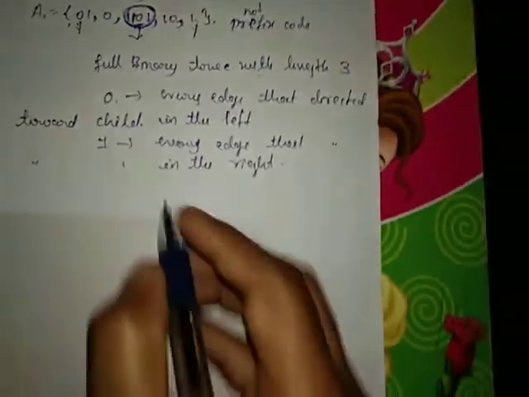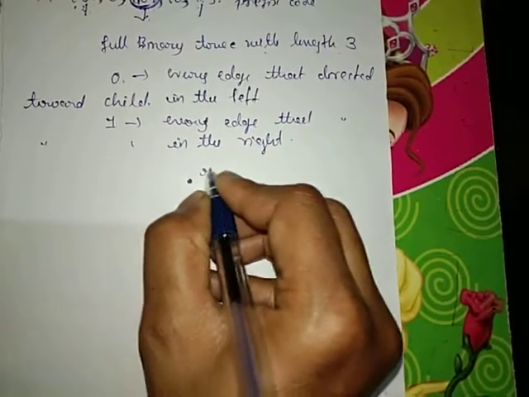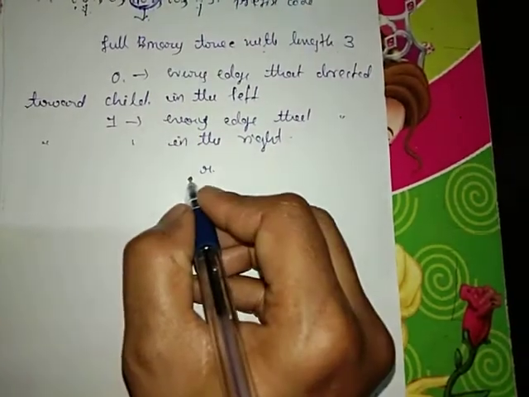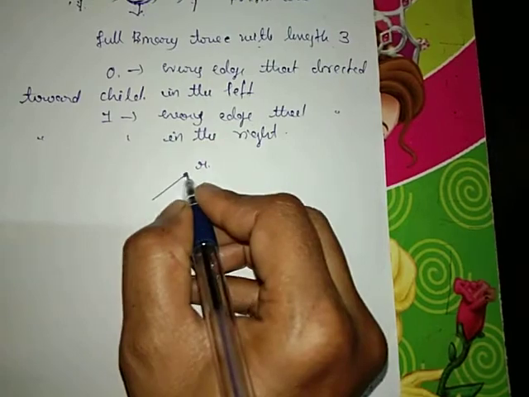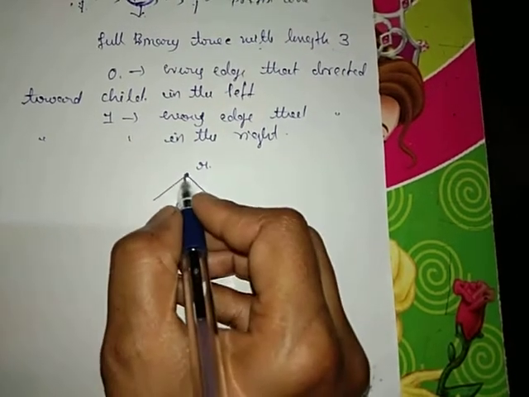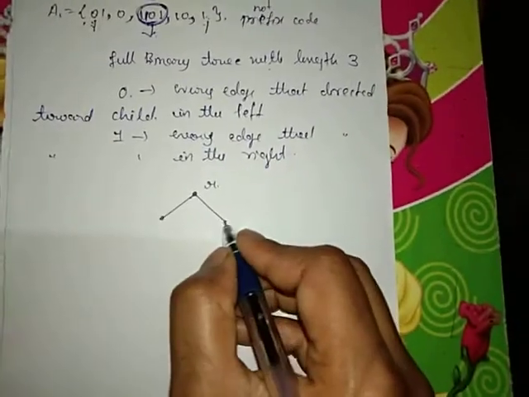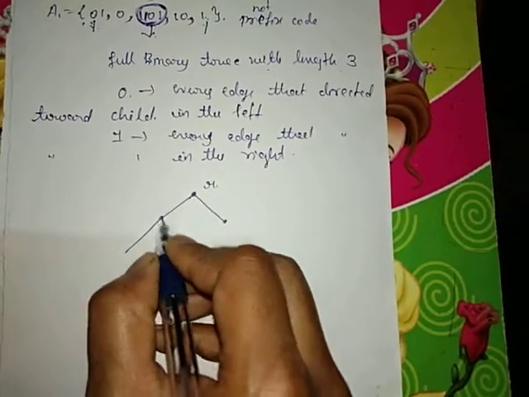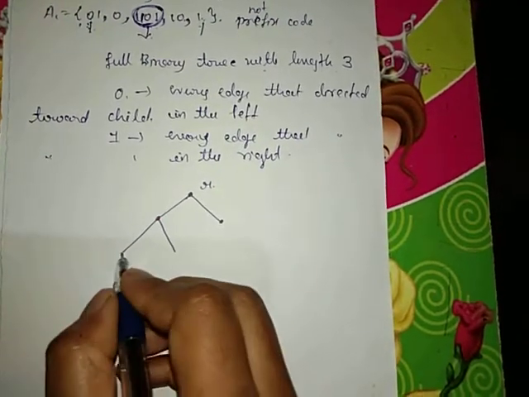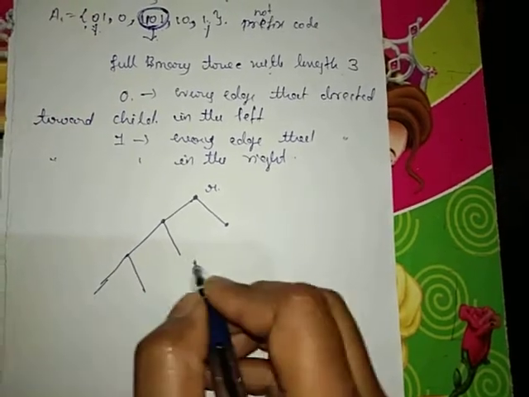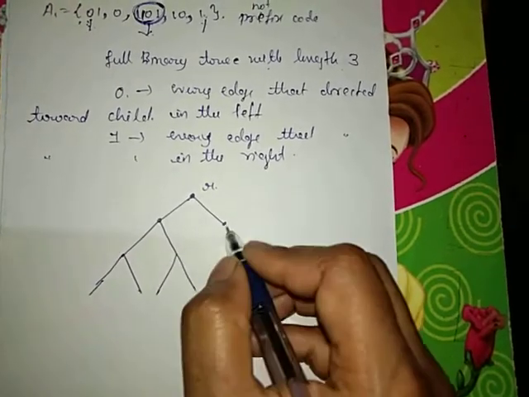So now consider a root R, and there will be two directions. First we construct a binary tree here of a length 3.